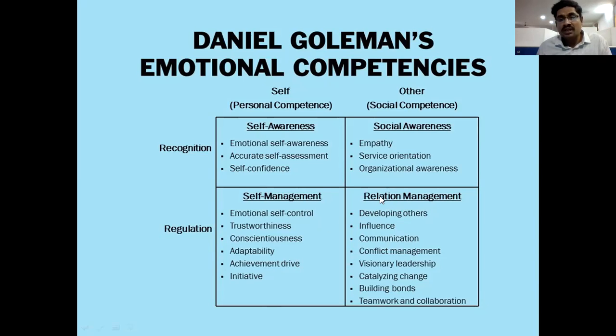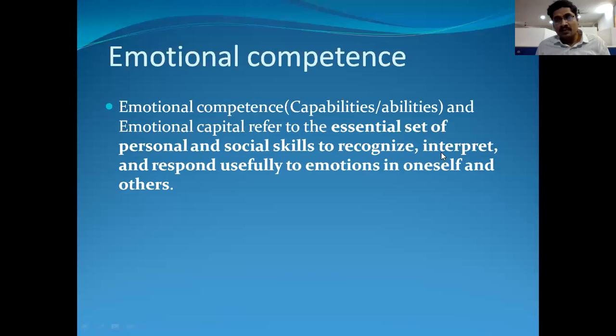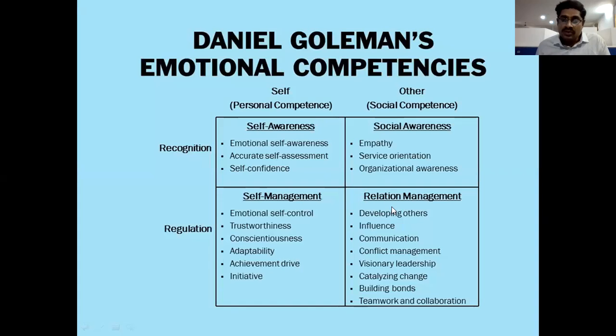So how to build the relation and how to develop the relation between the society or others, and how to interact with the society. That is the point here. Interpret and respond usefully with social skills to build relations with other persons or in front of the society.